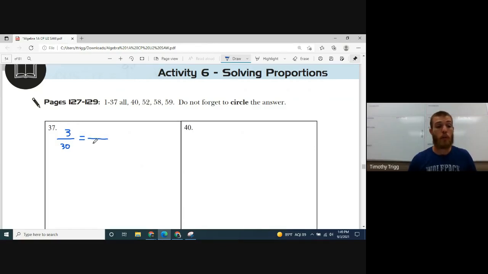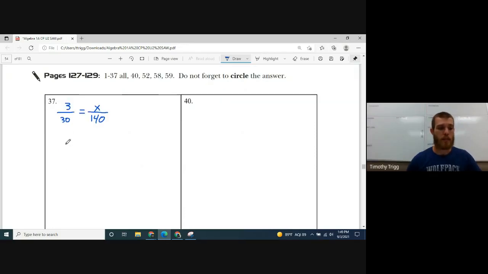So the 140 are not left-handers, they are the total, okay? So that'll go here. And we don't know how many left-handers that's going to be. Let's go ahead and cross multiply. 30 times x is 30x equals 3 times 140, 420.